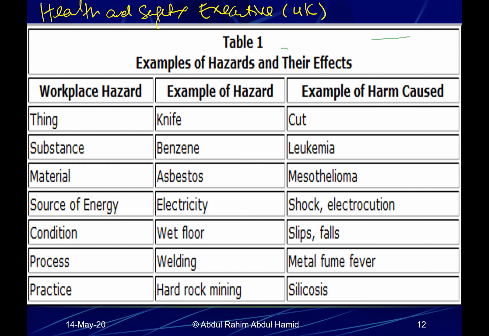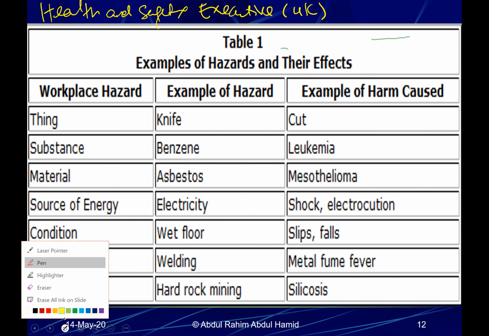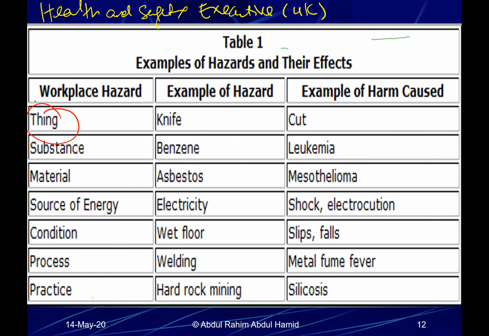They define hazard as anything that can cause harm, similar to our DOSH but simplified. In their document, they do give examples of hazards. Let's say things, for example a knife. A knife can be considered a source.